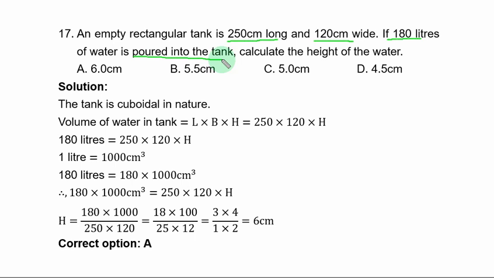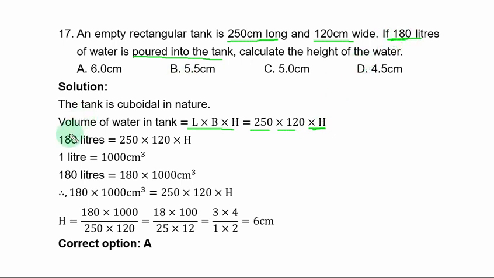So the amount of water inside reveals the volume of water in the tank. So volume of cuboid is length times breadth times height. That is 250 times 120 times height, unknown.